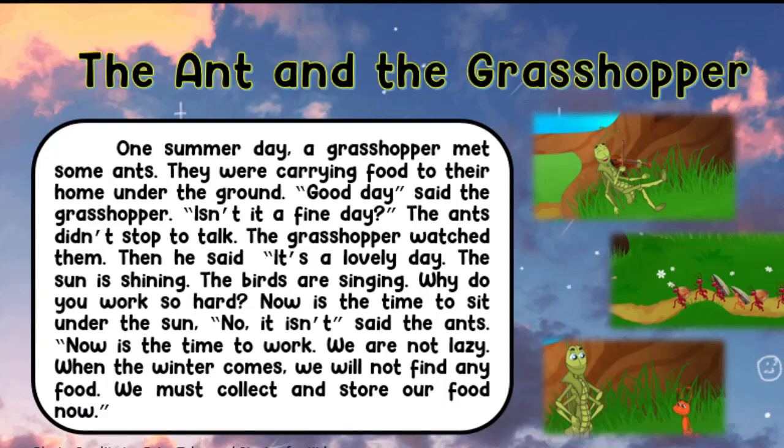The birds are singing. Why do you work so hard? Now is the time to sit under the sun." "No, it isn't," said the ants. "Now is the time to work. We are not lazy. When the winter comes, we will not find any food. We must collect and store our food now."